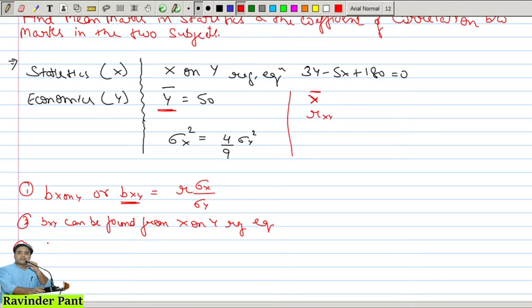So this third point which is coming to my mind is that lines of regression always pass through x bar comma y bar, this coordinate.